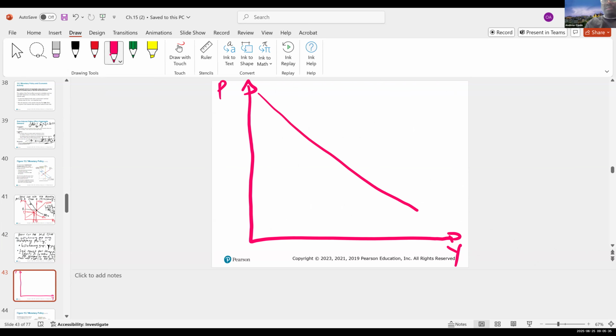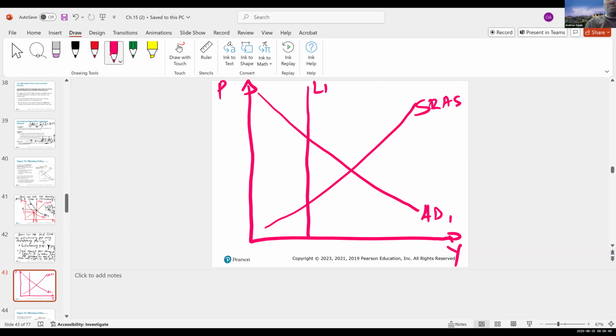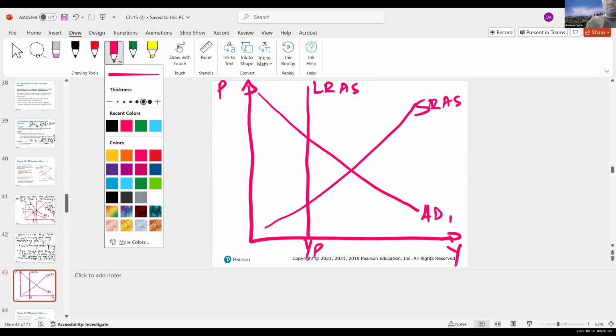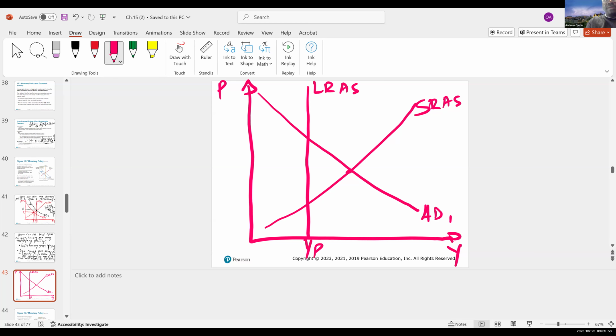Let's say this is my aggregate demand 1, and then let's say this is your short run aggregate supply, and then this is the long run. Remember, the long run aggregate supply curve determines potential output. That's your YP. But the intersection between short run aggregate supply curve and demand determines short run equilibrium because it's happening at a point which is not on the long run. So that is your Y1 actual output. So you see, actual output Y1 exceeds full potential output.